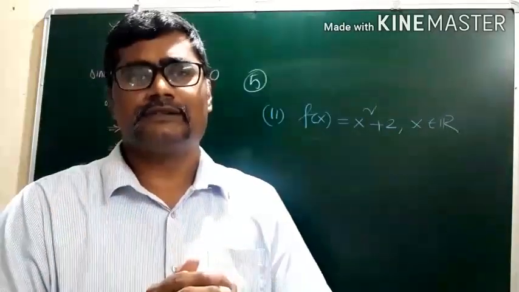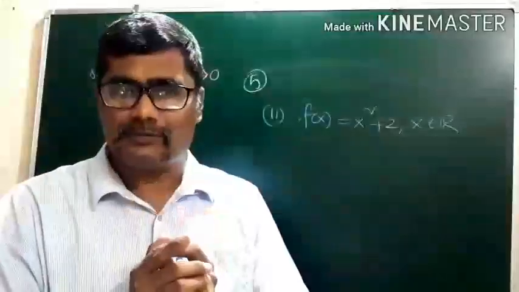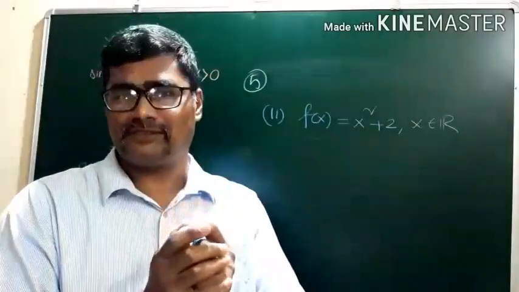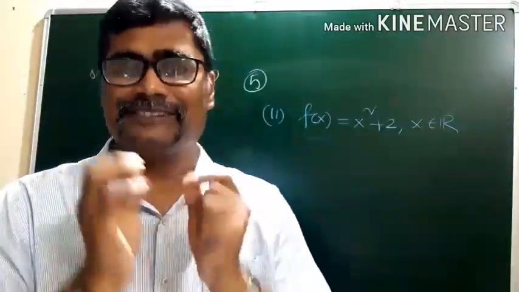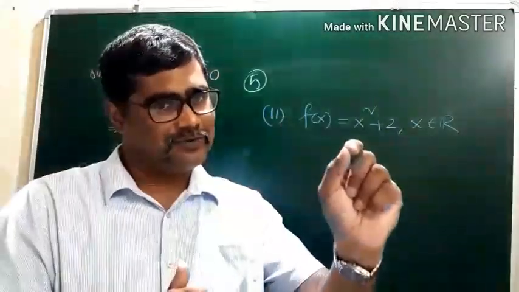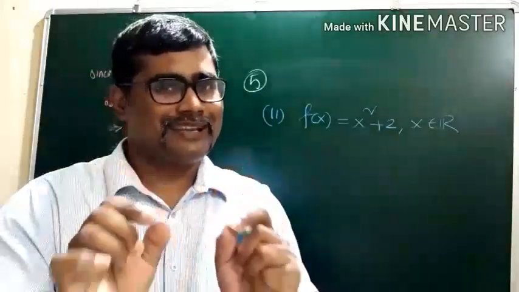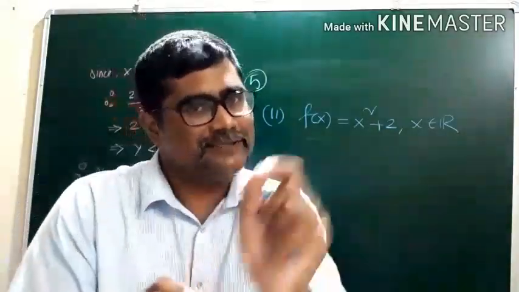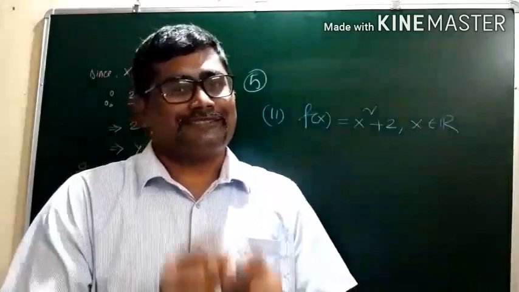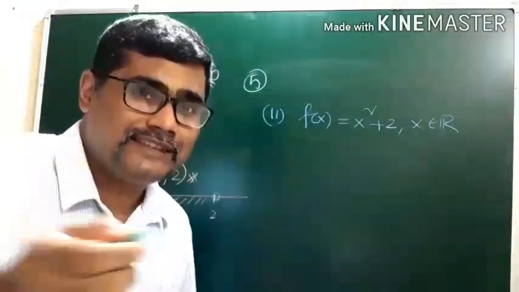Never. Can it ever be 0? Yes, if x is 0. Can it ever be positive? Yes, every time positive if you give an input which is non-zero. What did you observe? x square can take only values either 0 or positive. That's the observation we will make, and we will write the range a little more easily this time.